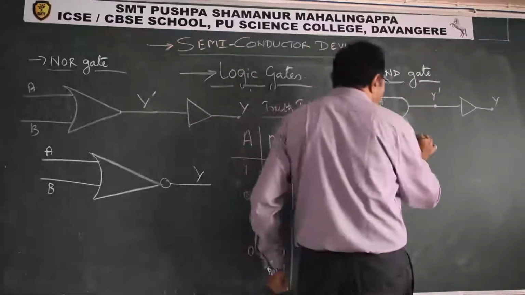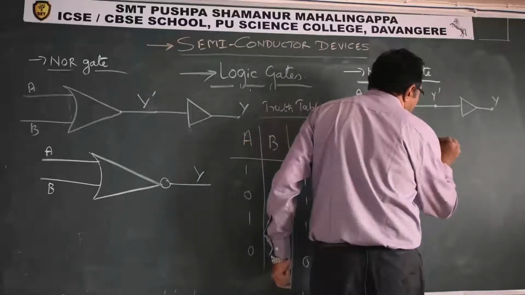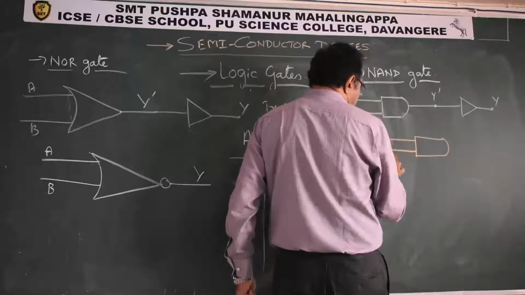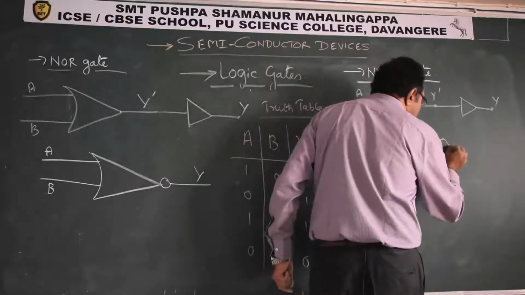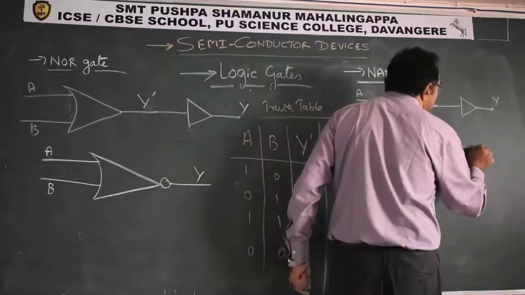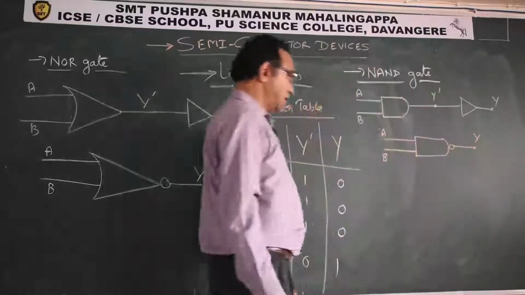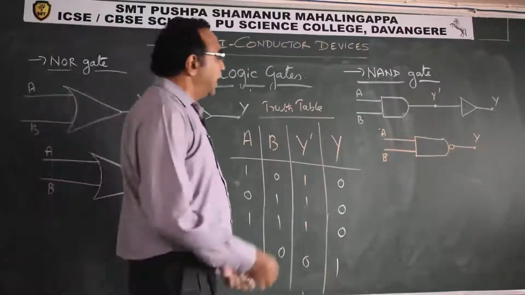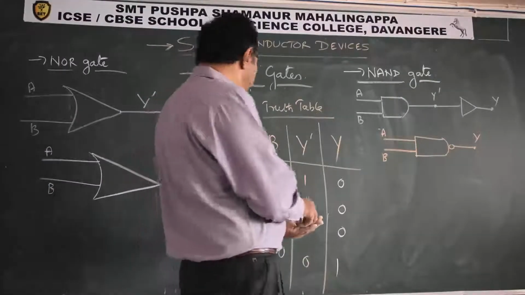So how to represent it in a condensed way? This is an AND gate with two inputs, and you put a nose ring here. See, this is your condensed form for the NAND gate. So what will be the truth table?